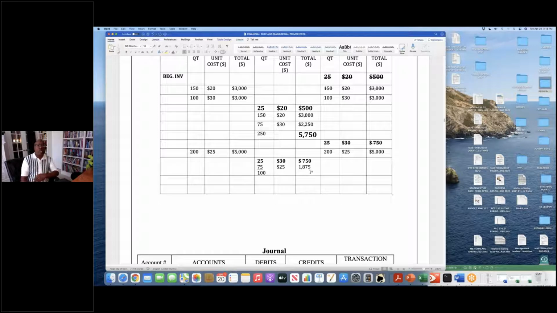So what's our total cost of this 100 that we sell? Is that $2,625? Yep, that's correct.